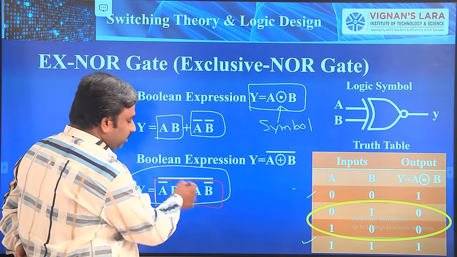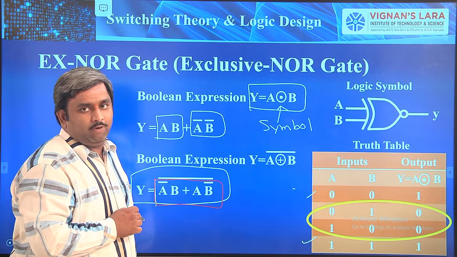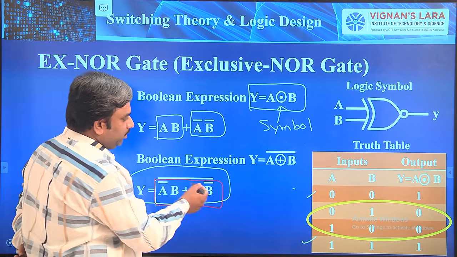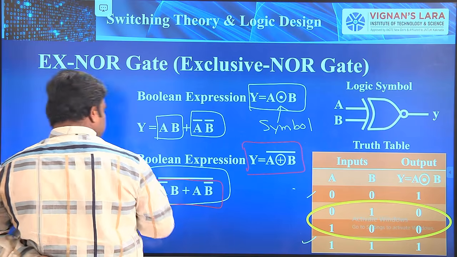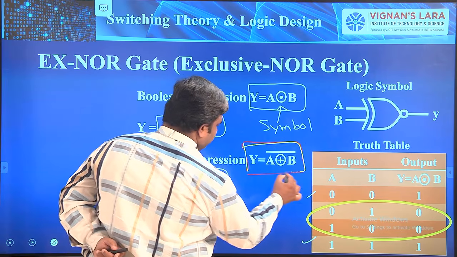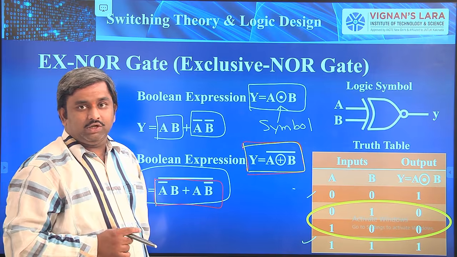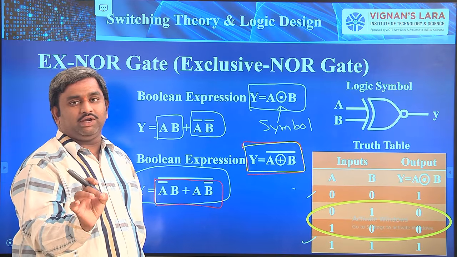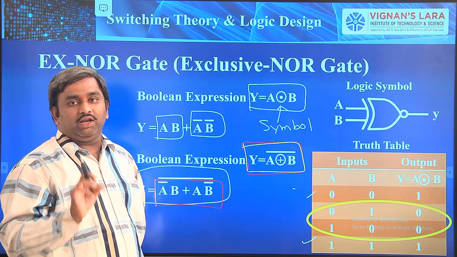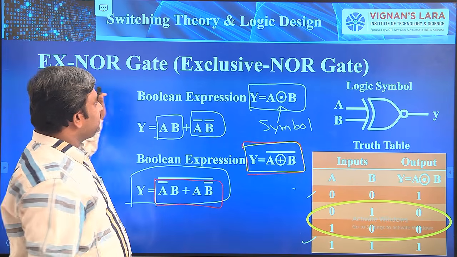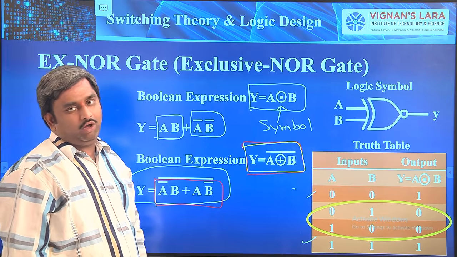So now this is the reverse of the XOR operation, so we can call this the XNOR representation. The same XOR function we have taken here, and we just complemented the function. This is the exclusive NOR gate operation.